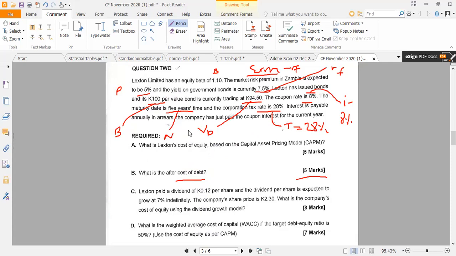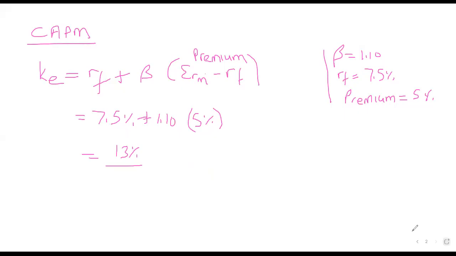So we need to understand that the cost of debt here is calculated in a very similar way. Those that missed bond valuation, I think you need to book by class so that we can also take you through. So the computation here will be similar to that of a bond.